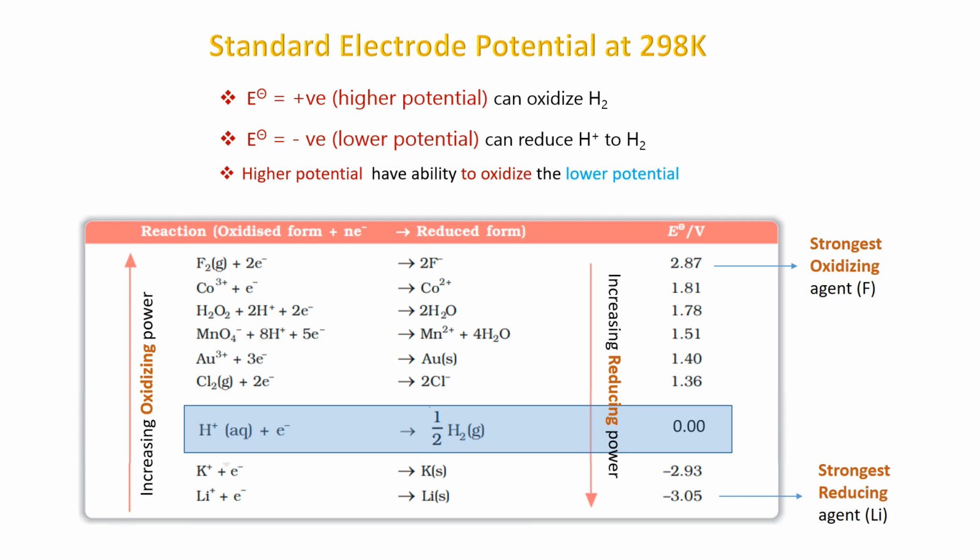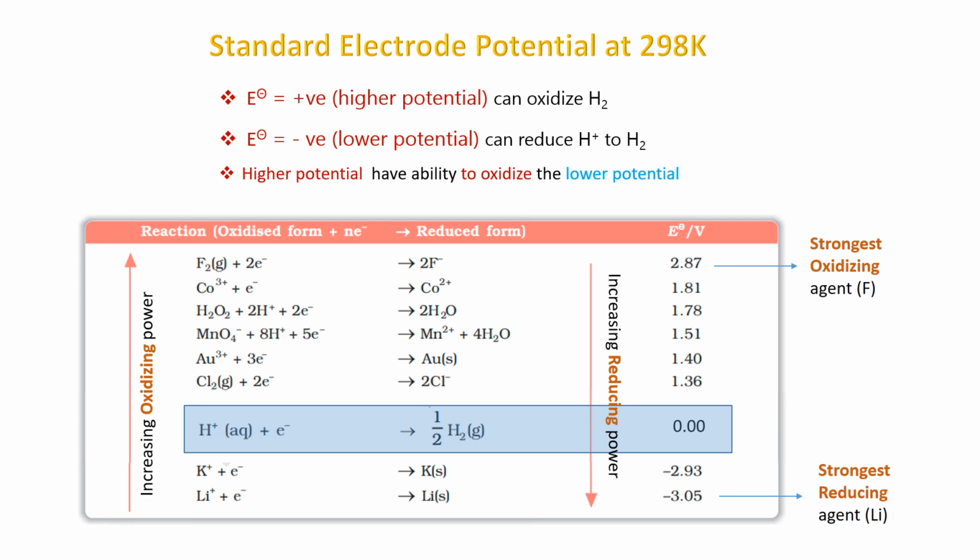If the electrode potential is positive, that is a higher potential, it can oxidize hydrogen. If the electrode potential is negative, it can reduce the hydrogen ion to hydrogen. That is, a higher potential has the ability to oxidize a lower potential.